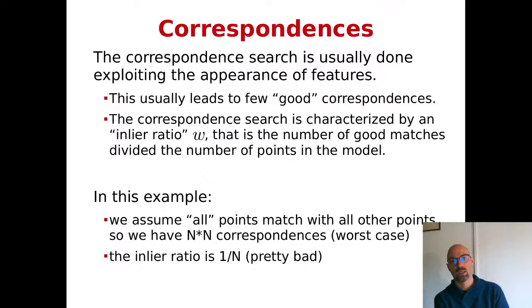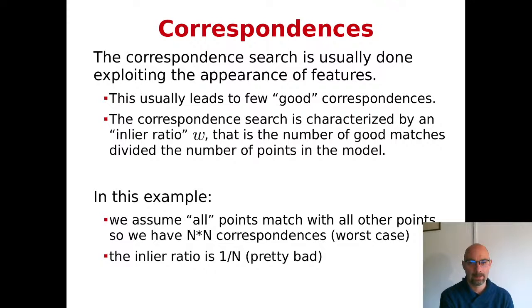The correspondence search typically uses the appearance, and the combination of correspondence search and feature detector extraction is characterized by an inlier ratio, which is how likely it is that for a typical pair of scenes the correspondences are correct. Typical inlier ratios are 0.2, and that's already a good inlier ratio. So typically you get 20% of correct correspondences.